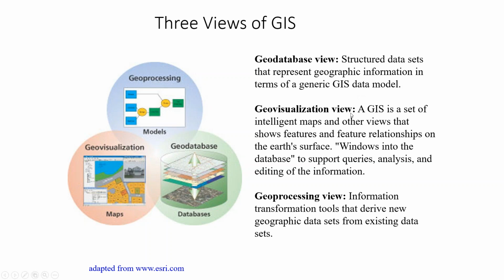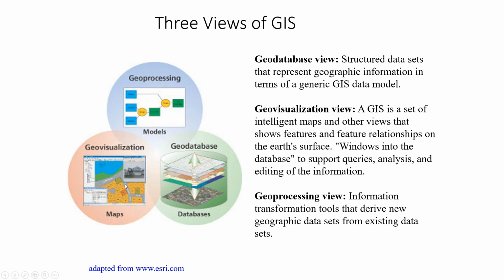Then there's the visualization view, basically making very attractive looking maps that convey information in a concise and compelling way, that serve as a view or a window into the database to support queries and analysis. And then there's the geoprocessing view, which are information transformation tools that derive new geographic data sets from existing data sets. These are all the tools that we work with.